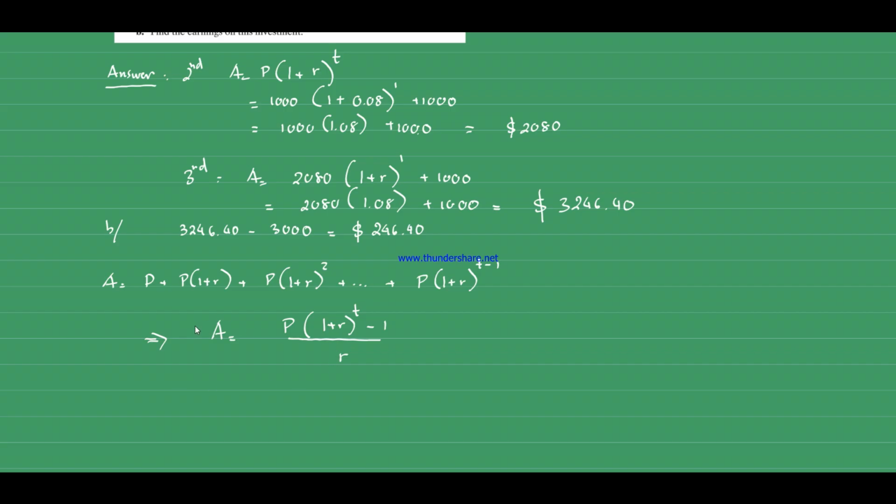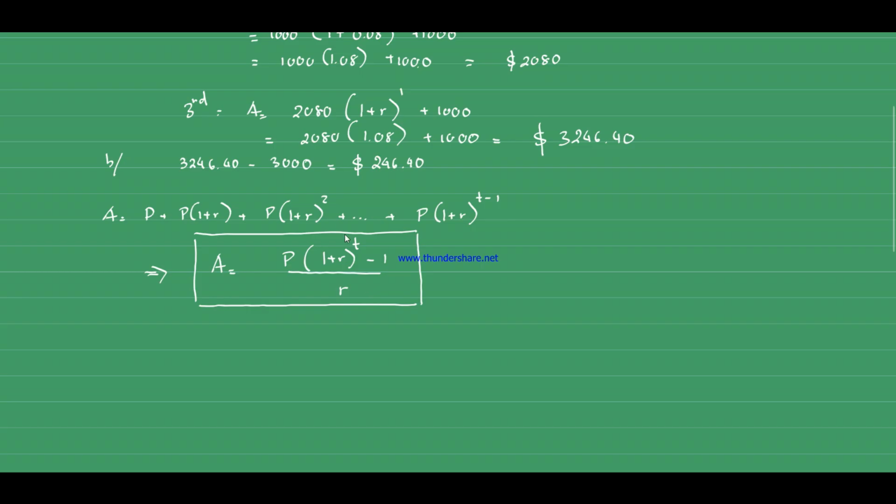Based on this, I have this. There you go, so I'm going to go ahead and box it. This is the formula for the accumulated amount after T years with rate R. Of course, this includes every premium you have to pay.